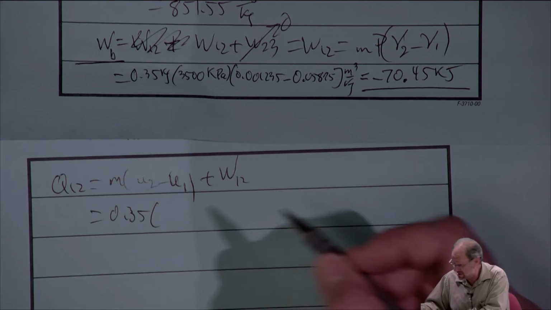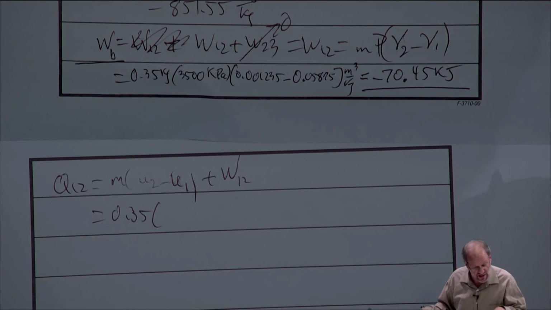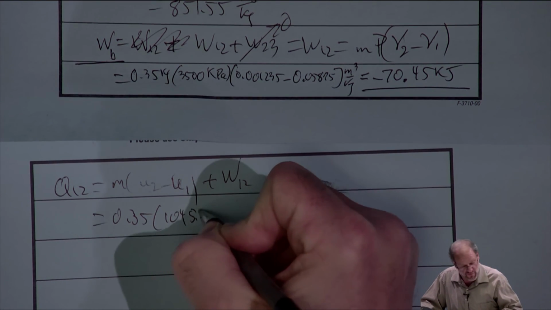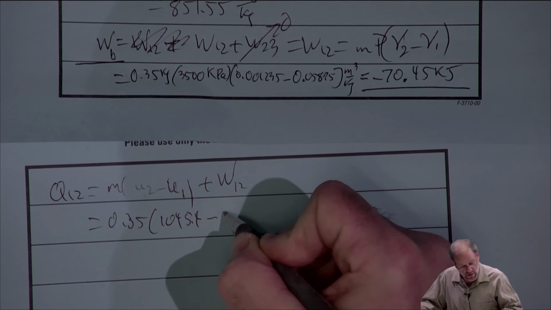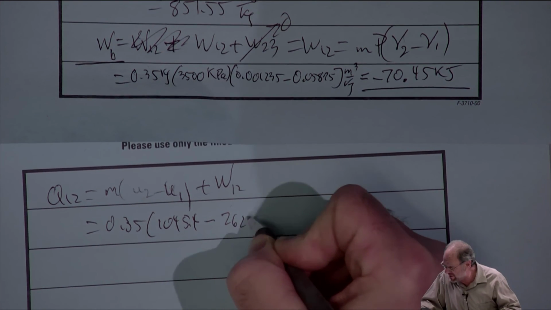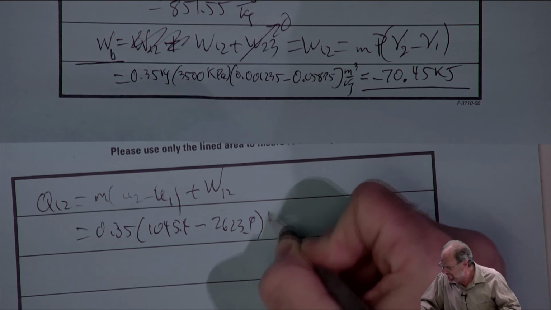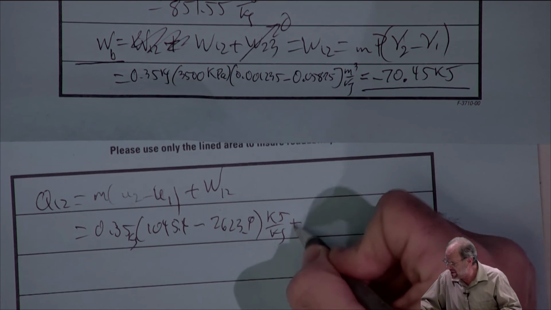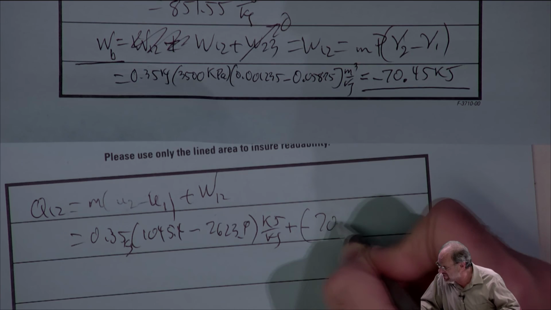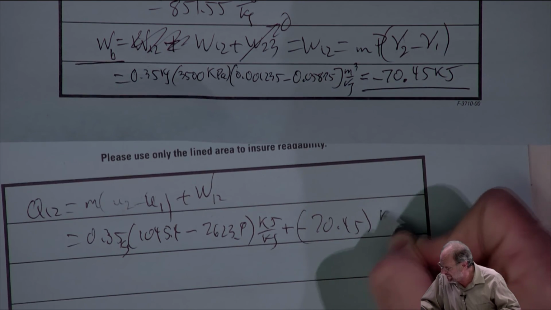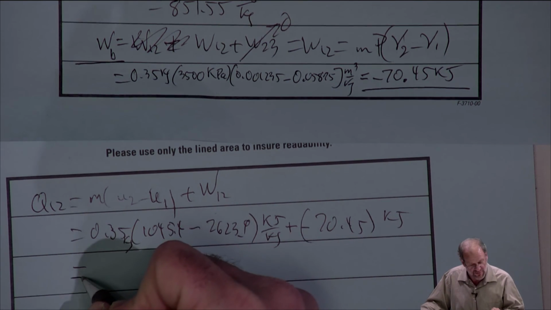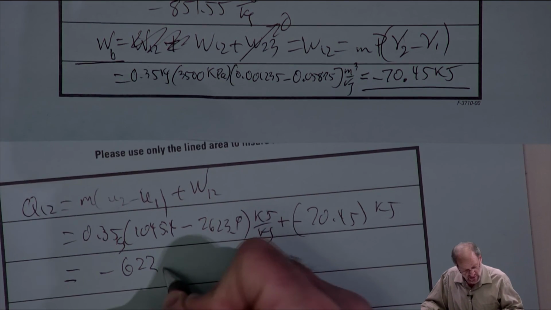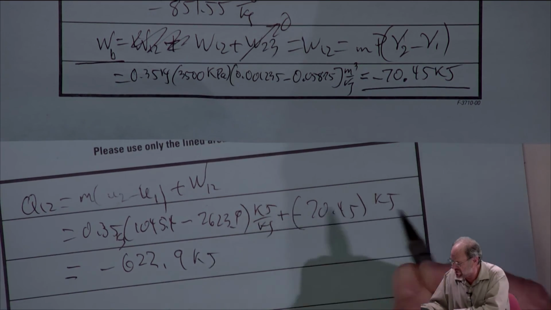I've lost my numbers. Okay, here we go. 145.4. And U1 was 2623.9. I forgot my units. I don't want to forget my units. And then the work is minus 70.45. If we go through our mathematics, we end up with minus 622.9 kilojoules.